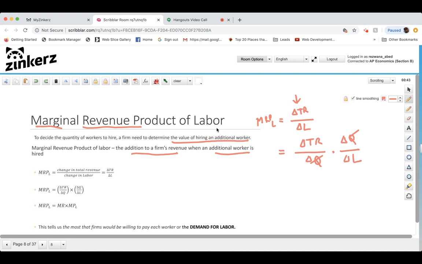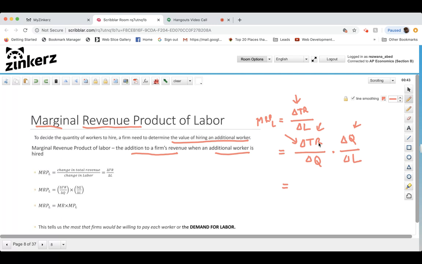But by introducing these two things, I have something that I know I'm familiar with. This should look familiar to all of you.